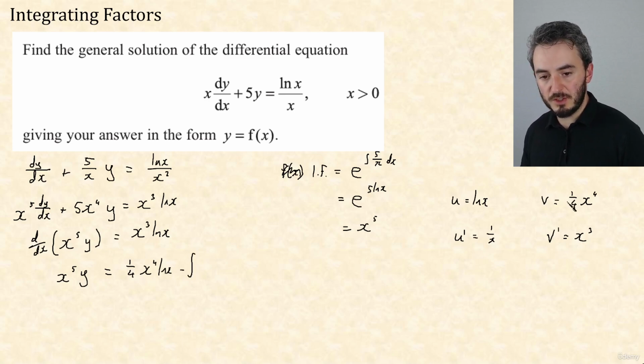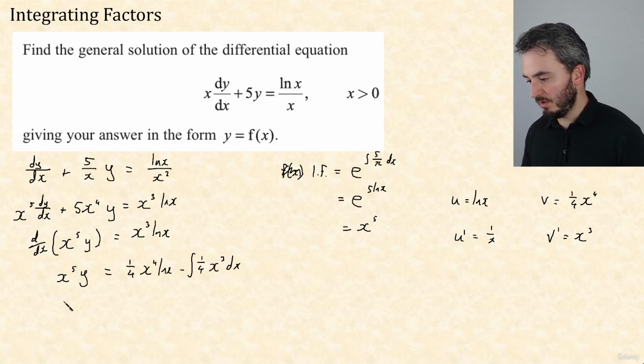So multiply these two, and we get a quarter x cubed. Now I can complete that integration. So x to the 5 y is a quarter x to the 4 ln x minus, and what have we got here? Well, that's going to be 1 over 16 x to the 4 plus c.